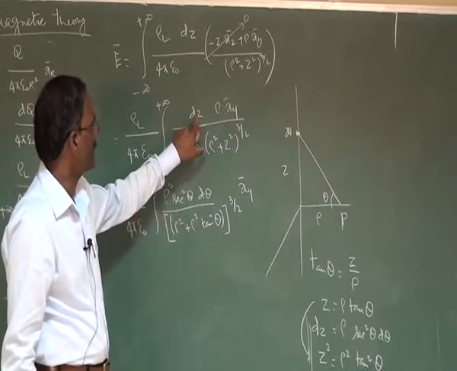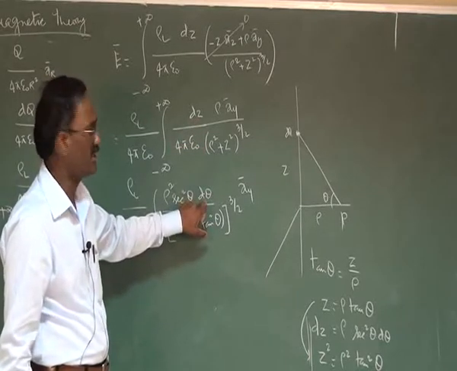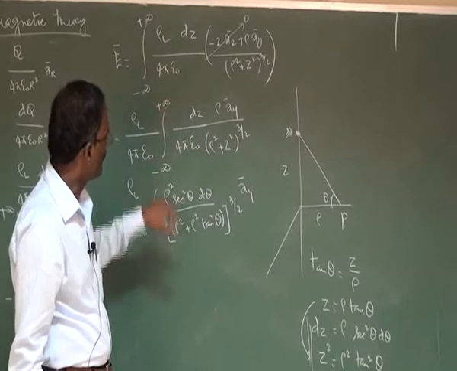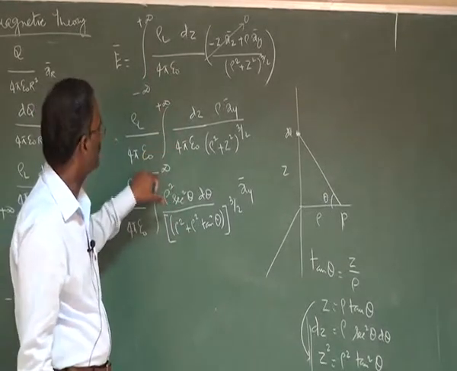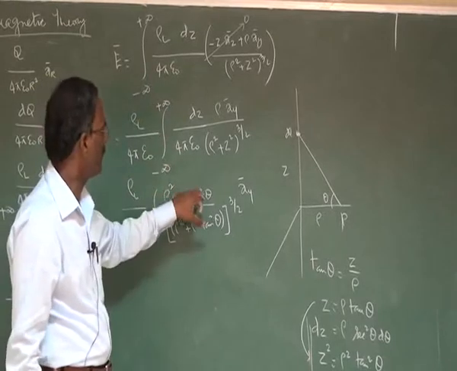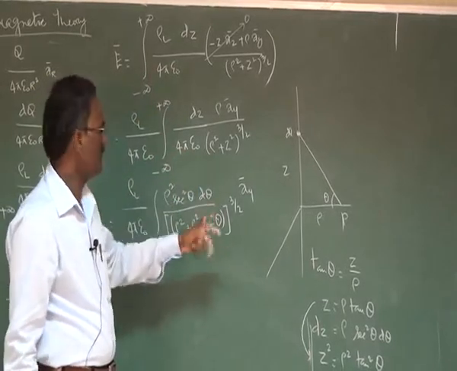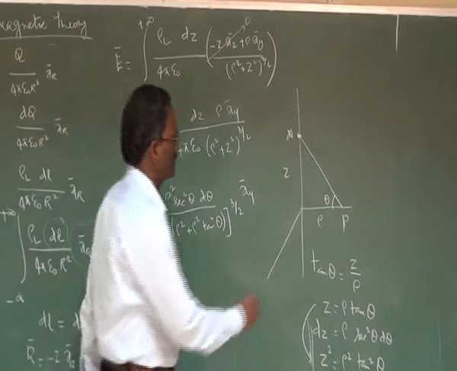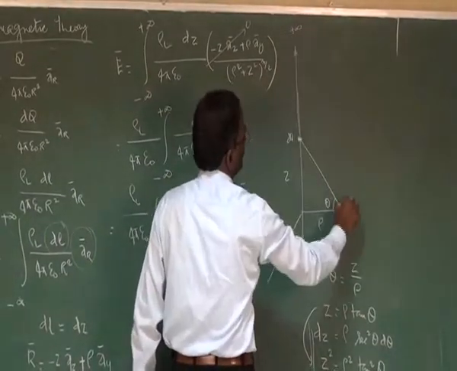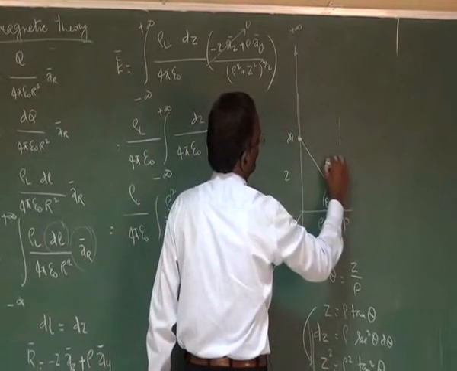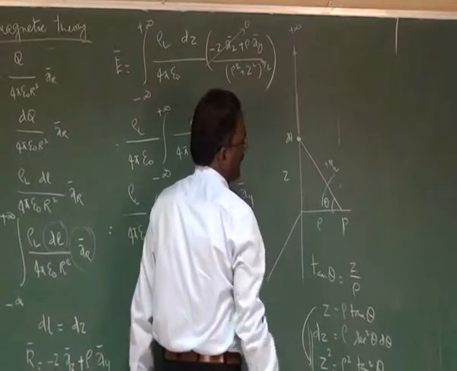In the earlier step it is z, whereas in this step it is theta. So I must substitute the limits for theta rather than the limits for z. For z the limits are minus infinity to plus infinity. For the corresponding limits for theta: if I extend the z value to plus infinity, theta will become plus pi by 2 or plus 90 degrees.